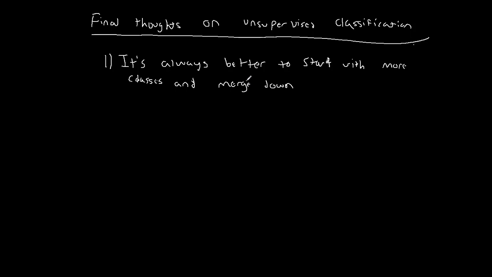Right, if you watched the example video all the way through, you'll notice that I ended up with, I think, 4 classes. I had hoped to get 6, but maybe I ended up with 5. But I had run the clustering algorithm telling it to give me 12. So it's always better to start with more classes than you think you need, and then interpret them down after the fact.